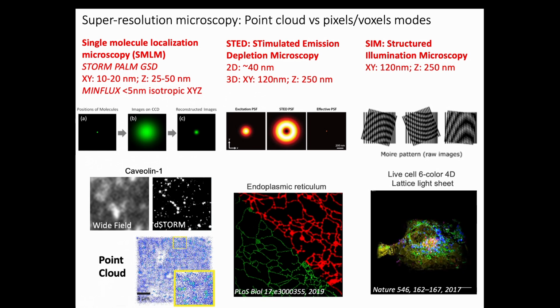The output of single molecule localization microscopy is actually an event list of XYZ coordinates of different localizations. And you can see here, this is work from our lab on caveolin 1, and I'll talk a bit about this later, the incredible improvement in resolution that we see when we reconstruct an image in dSTORM compared to the wide field image.